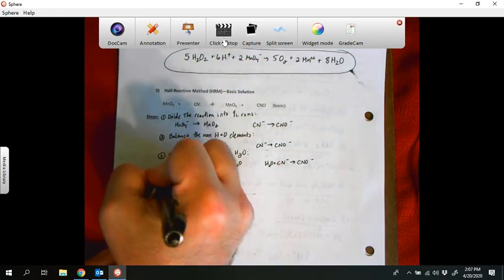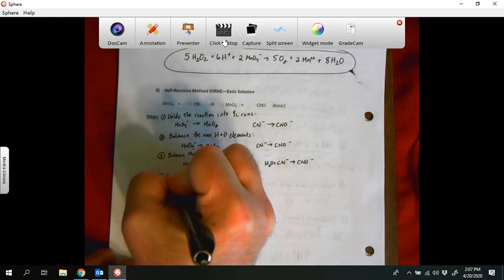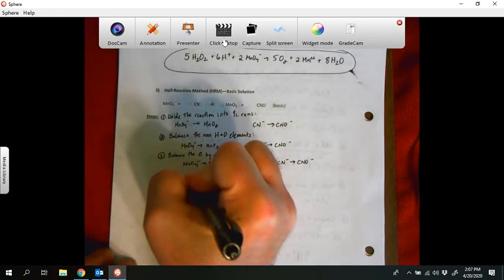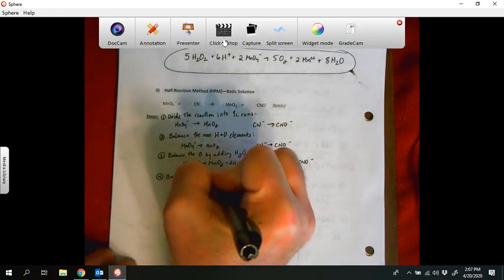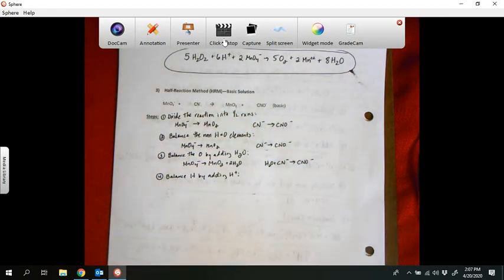Our fourth step, balance H by adding H+. Now, I know what you're thinking. This is basic, not acidic, but our next step is going to get rid of the H pluses.